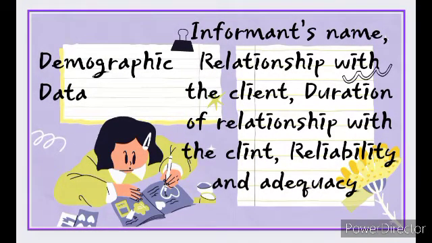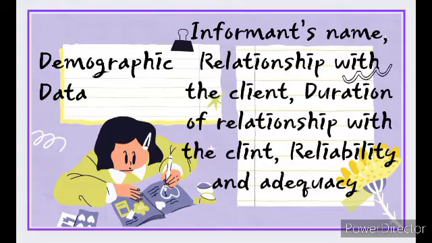Sometimes a person comes with the client, so we always focus on who is giving the information. If the client himself or herself provides the information, then the client is their own informant. If someone else provides the information for the client, then he or she is the informant, and we write the name of that person.